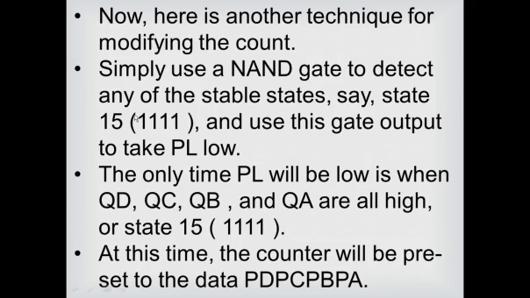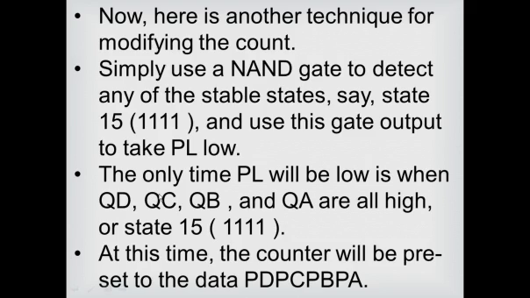This output is connected to the parallel data entry, which is active low, and whatever data you have presented at PA, PB, PC and PD will be loaded into the counter. That means the counter is going to be preset to that particular state after reaching state 15, which will not be shown.